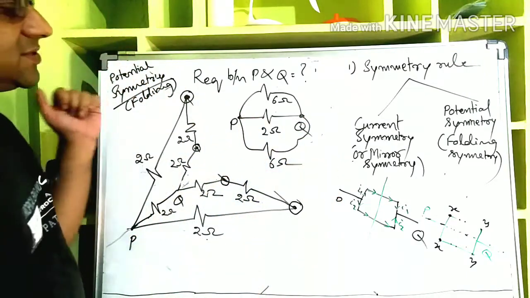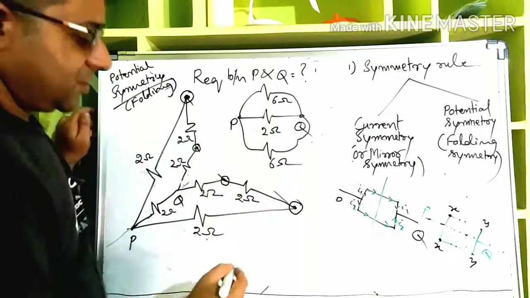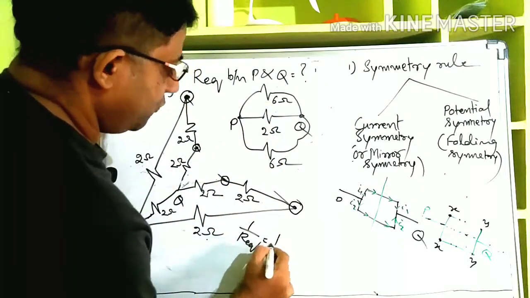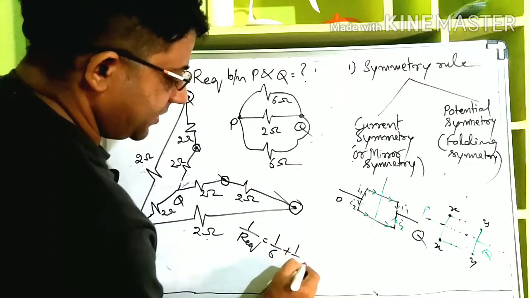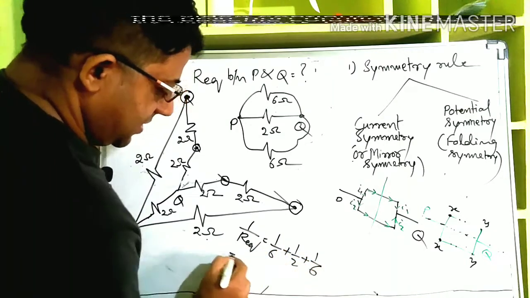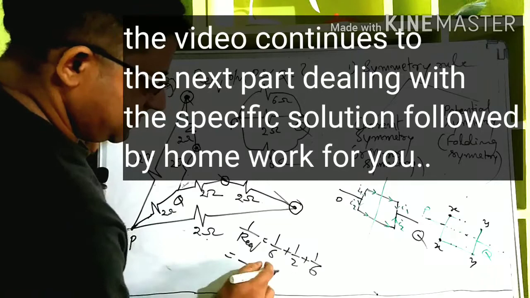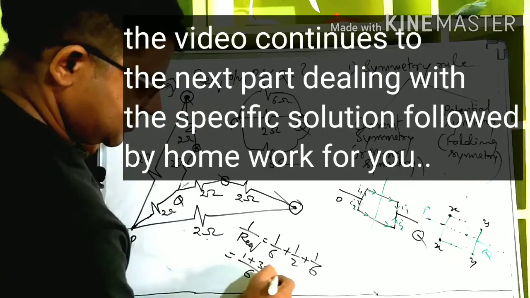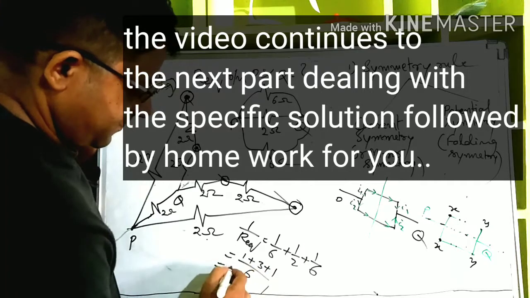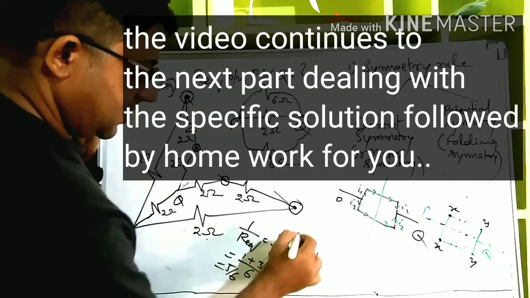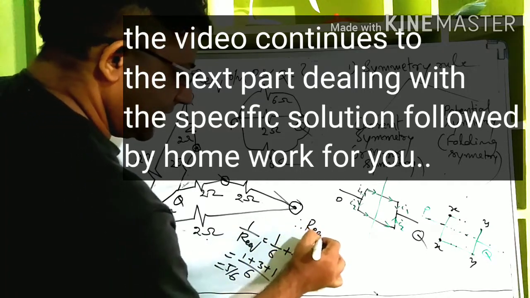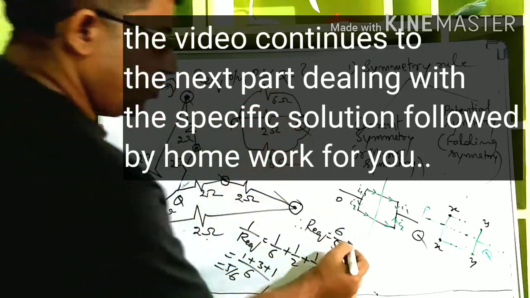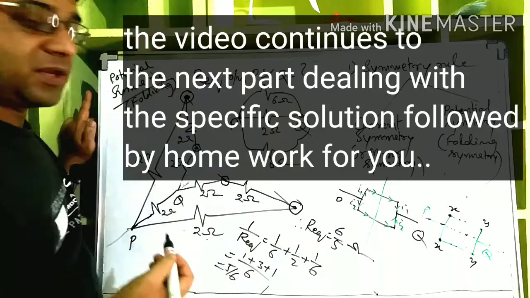Find the equivalent resistance between these three. So 1 by equivalent resistance is equal to 1 by 6 plus 1 by 2 plus 1 by 6, take 6 as LCM, so 1 plus 3 plus 1 is equal to 5 by 6. Therefore, R equivalent is 6 by 5, and all are in ohm, so 6 by 5 ohm. Clear to everybody?